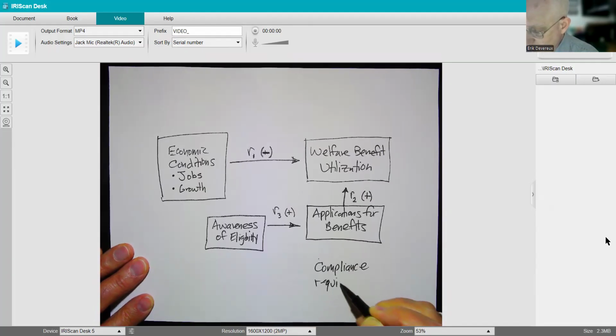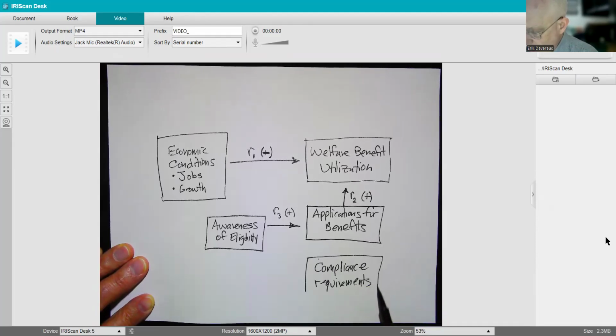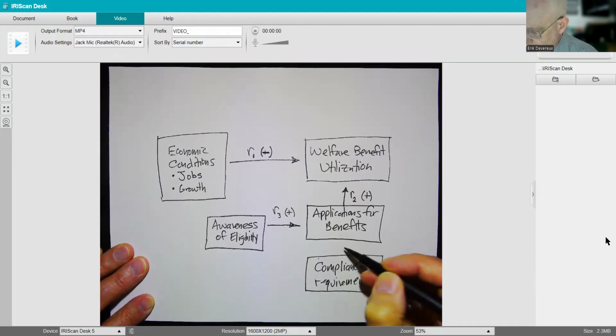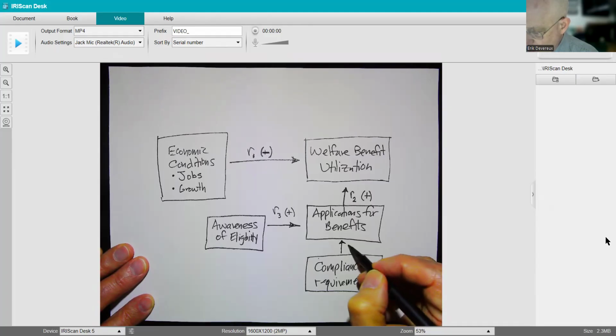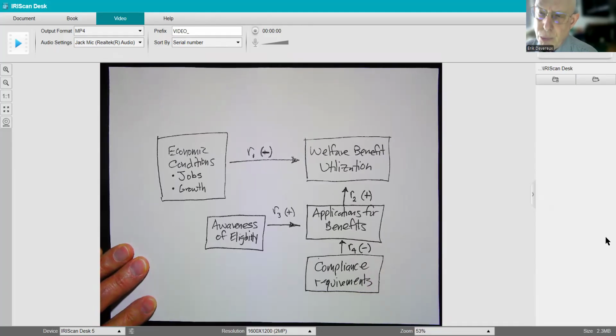So there has been tremendous interest in our field about the compliance requirements in order to access welfare benefits, okay? And if we increase the compliance requirements, then we decrease applications for benefits. Okay, so there's a negative relationship. The harder it is to apply for benefits and keep your benefits, the fewer people will submit applications, and the lower welfare benefit utilization will be.